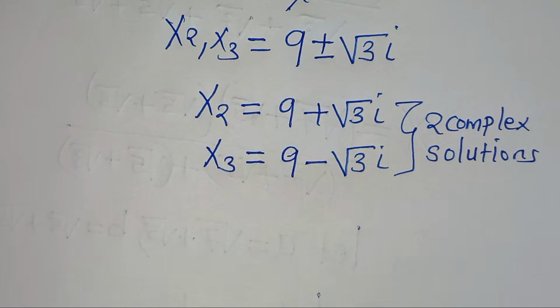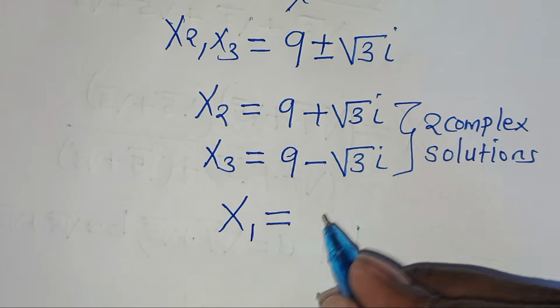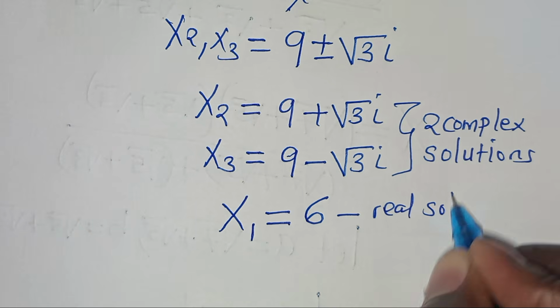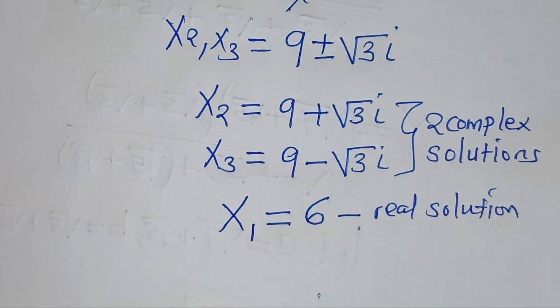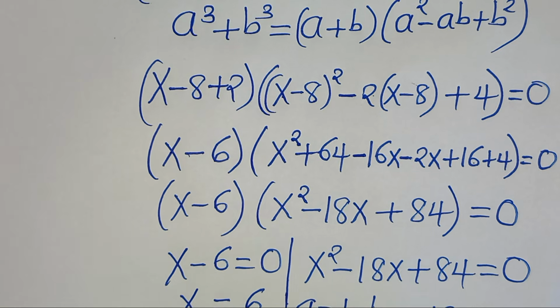Now, we have got only one real solution here, which is x1, and this is equal to 6. This is the only real solution that we have for this algebra problem.